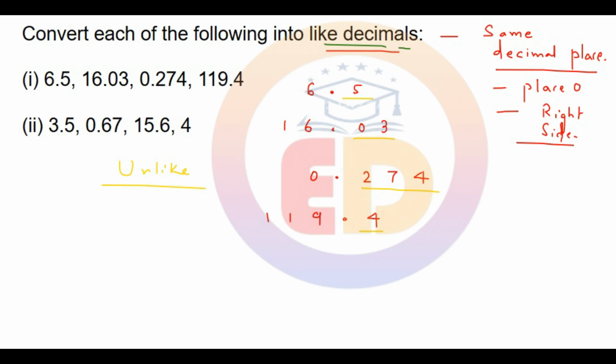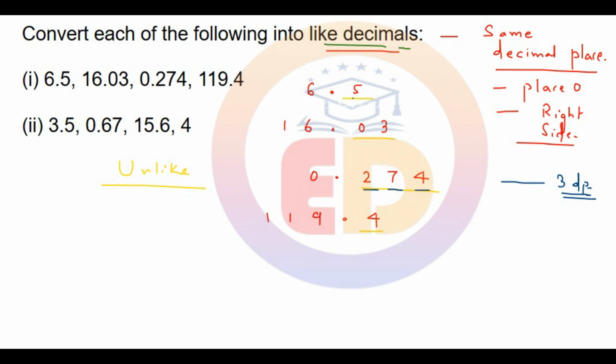Now to convert into like decimals, remember the maximum number of decimal places will be chosen. Here the maximum number of decimal places is 3, which is in 0.274. So I will give every decimal number 3 decimal places, and we do that by placing 0 on the right side in the decimal part.